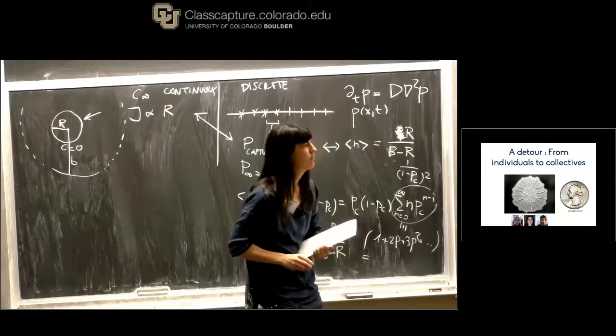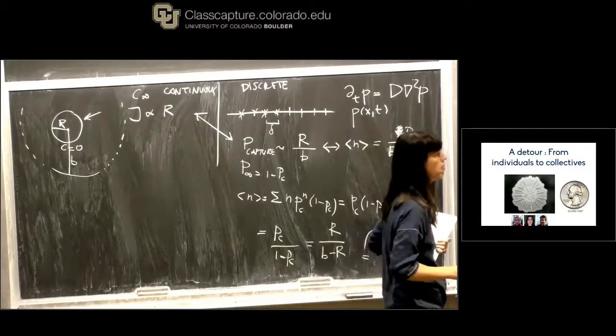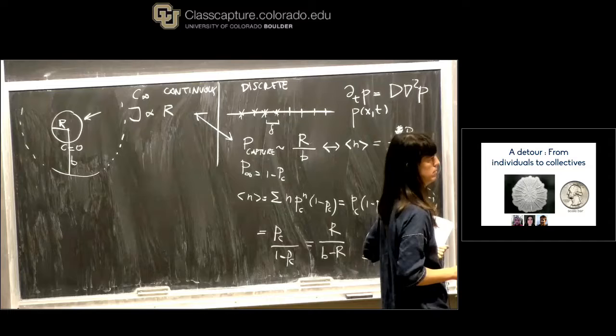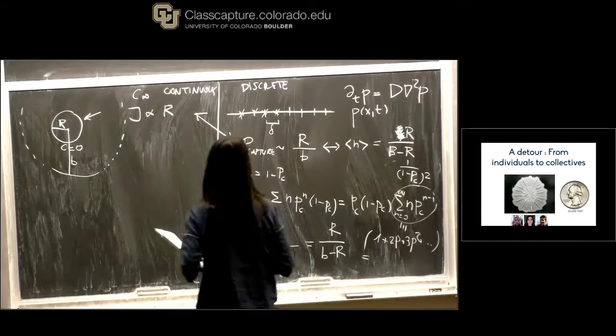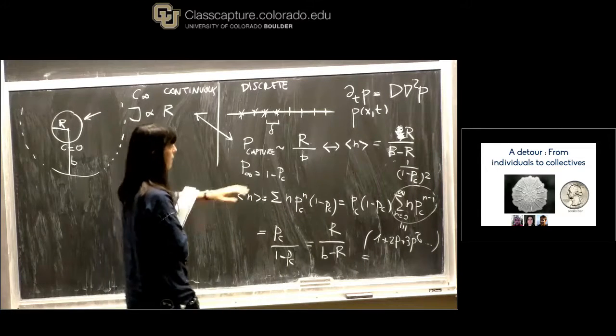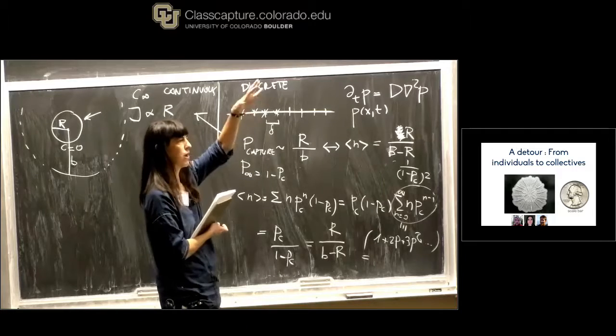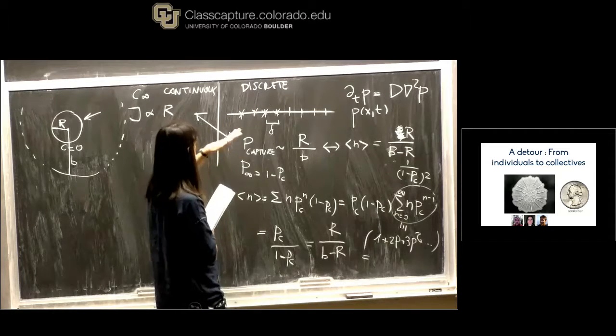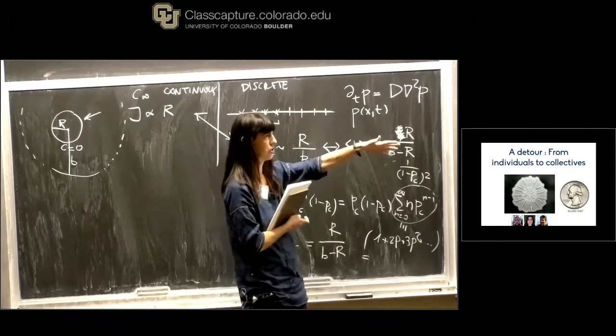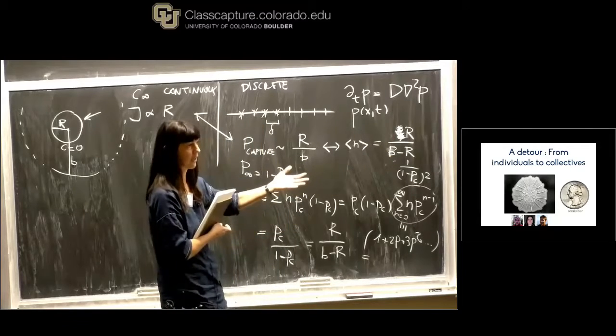The result depends on the dimension because of the capture. Yes. Absolutely. This, by the way, P capture, the probability for a random walker to be captured, because it solves the Laplace equation, it's also called the harmonic measure.